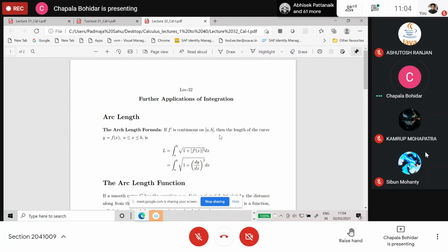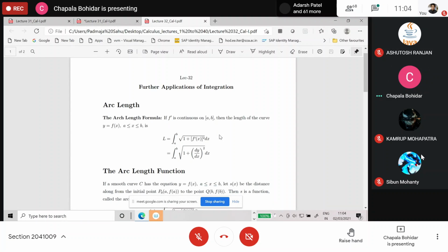You see, if a circle is given to you, the question is to find the arc length by dividing it into this part, this part, this part.